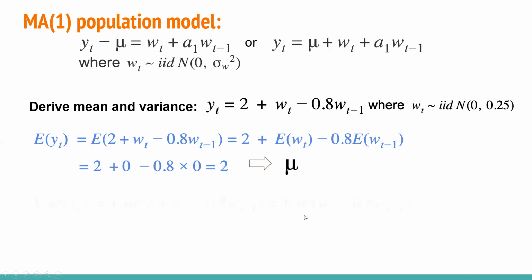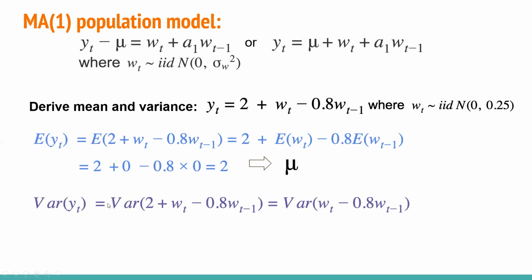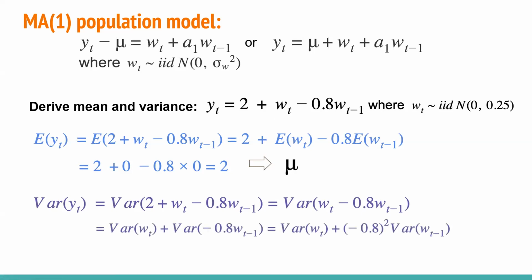Now, how do we talk about the variance? If I want to talk about the variance right now, of course, the variance of a constant is equal to 0, so that is going to go away. This is the same thing as writing the variance of this. The next thing I'm going to have is the variance of this plus the variance of that.